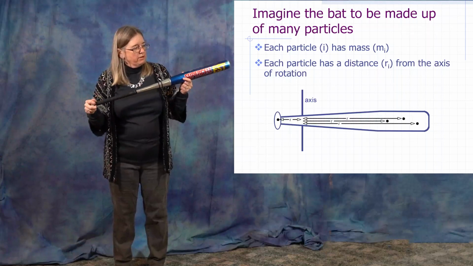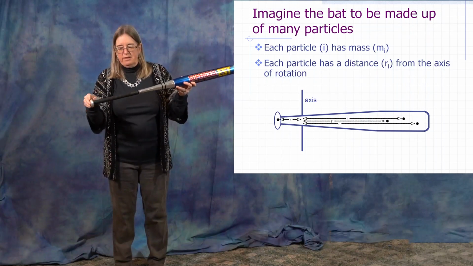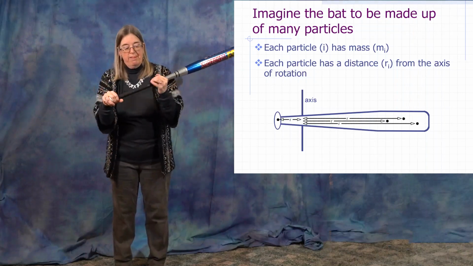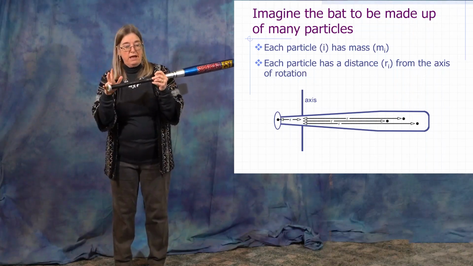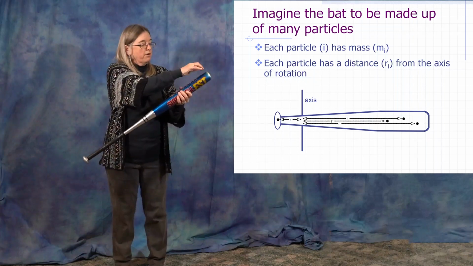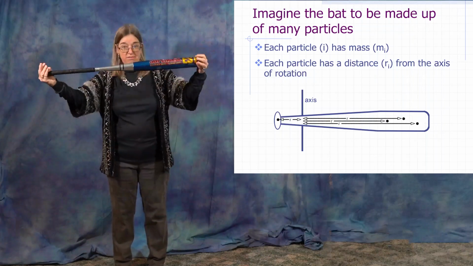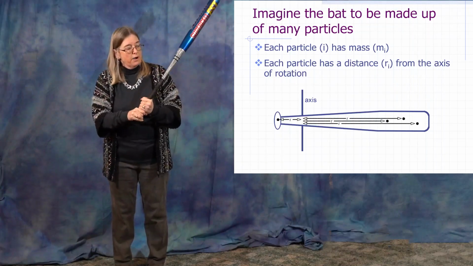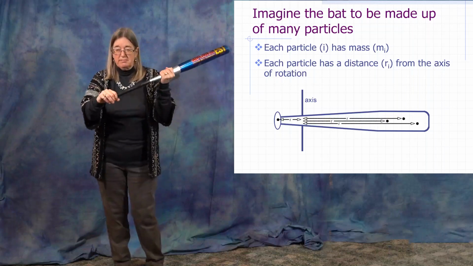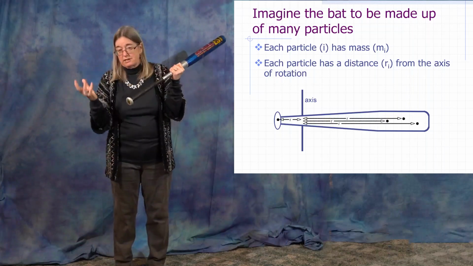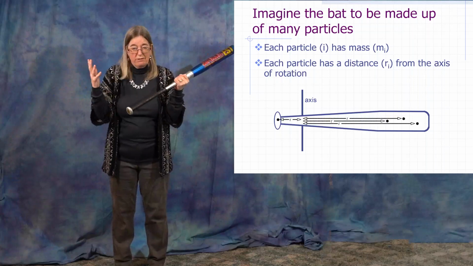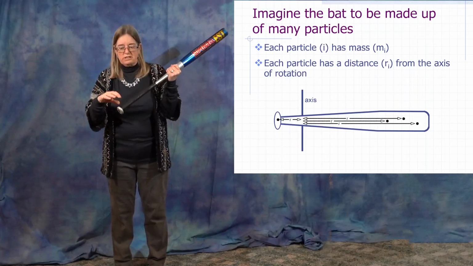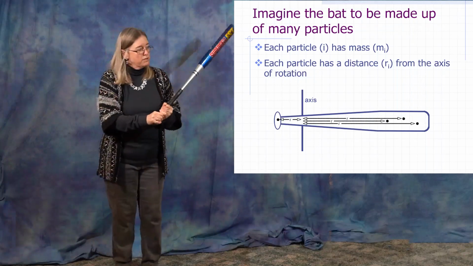And each particle is a different distance, right? The particles here are that far away from my axis of rotation, whereas the particles that are here are that far away from my axis of rotation. So each little particle of mass, let's say that each particle is the same. They don't have to be, but let's say they are. But they all have their own distance from the axis that I'm rotating it around.